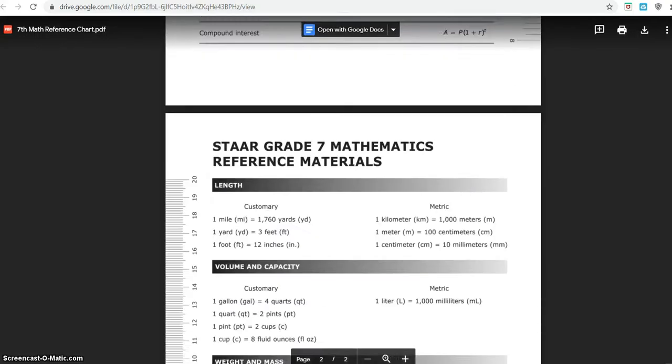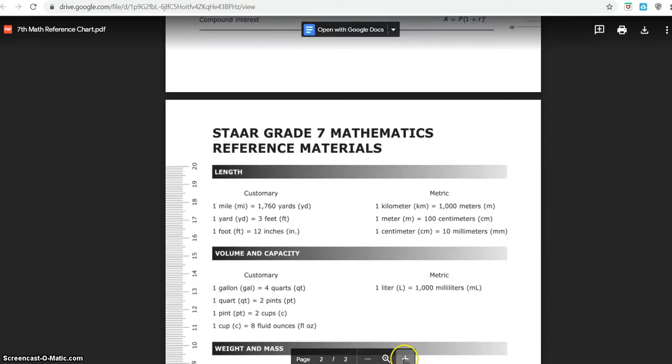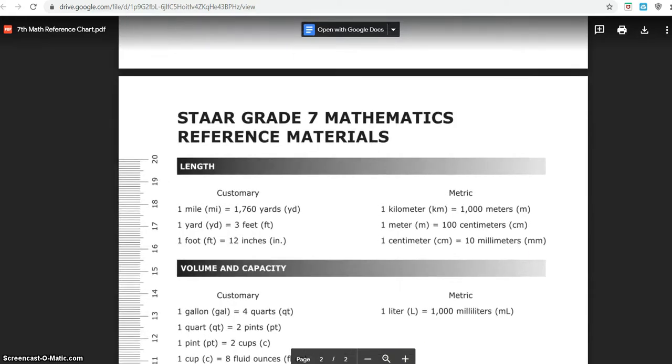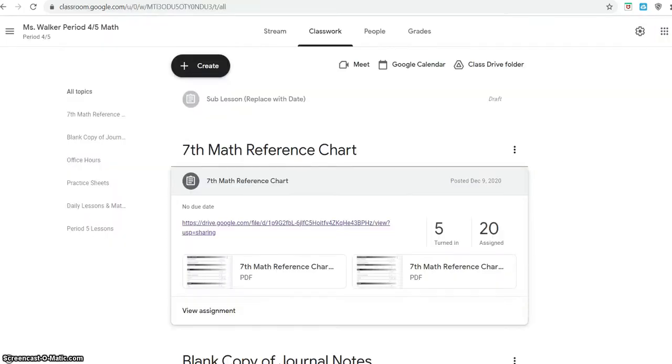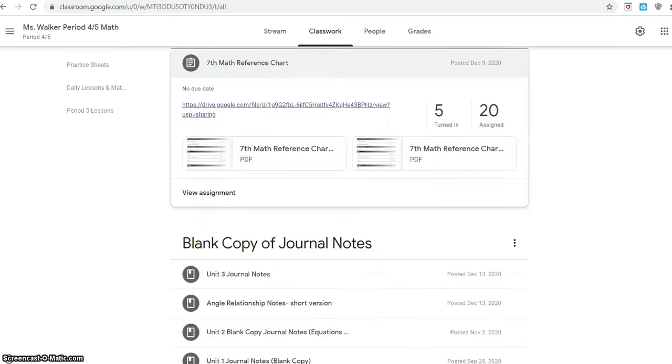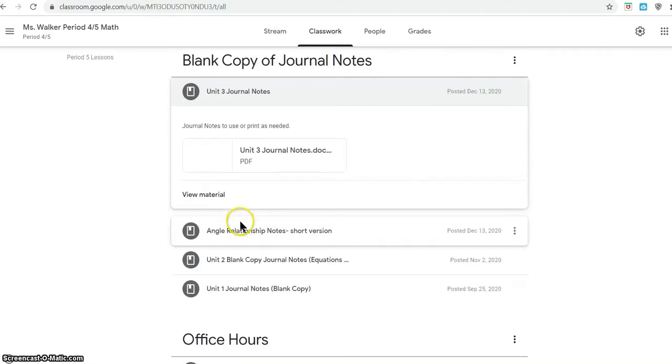Okay, and remember we go down to the second page. This has all the conversion factors we need. Okay. And if you want to follow along in the notes, here are the journal notes.